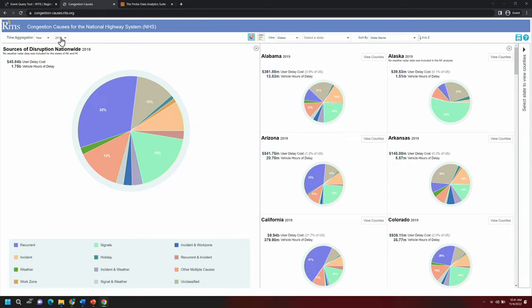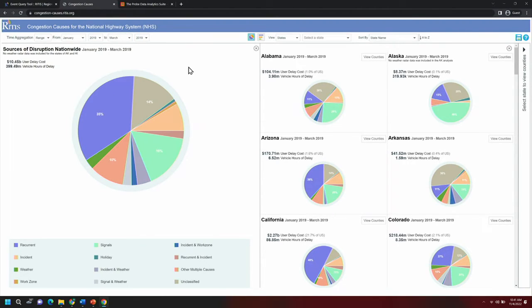The tool allows you to come in, and by default it shows the full year of data. You can change this to months or a custom range. So if you wanted to do the first quarter, you can do January through March, for instance. You can see the pie charts updated a little bit. By default, it shows the national pie chart. So almost $10.5 billion in delay in 2019, we estimated, with the majority of it coming from recurrent congestion.